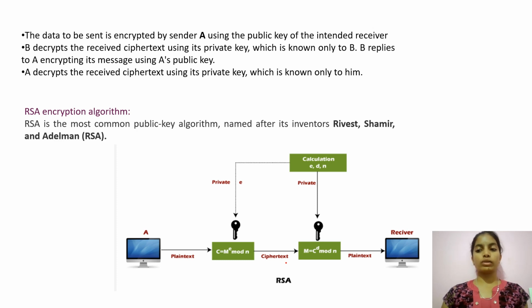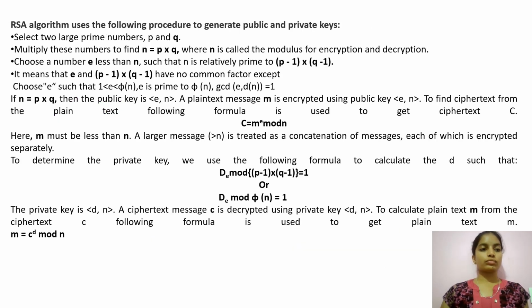Now let us look into the RSA algorithm's procedure to generate the public and private keys. Select two large prime numbers, P and Q. Multiply these numbers to find n, where n is equal to P into Q, and n is called the modulus for encryption and decryption.